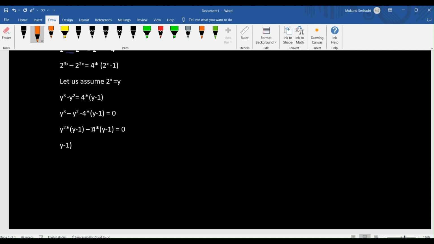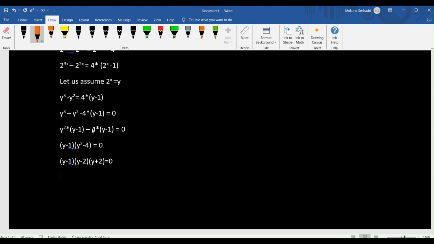I pull that out and I'm left with y square minus 4 equals 0. And there we have three possible solutions to this equation: y minus 1 into y minus 2 into y plus 2. I'm just rewriting y square minus 4 as y minus 2 into y plus 2, right?